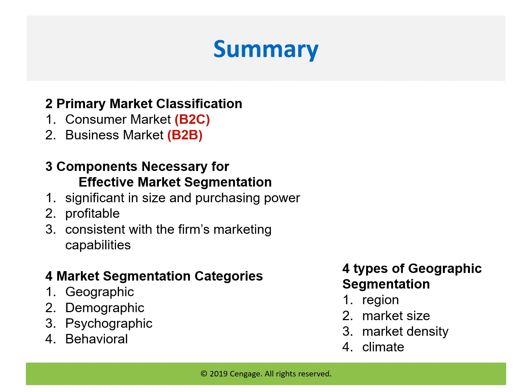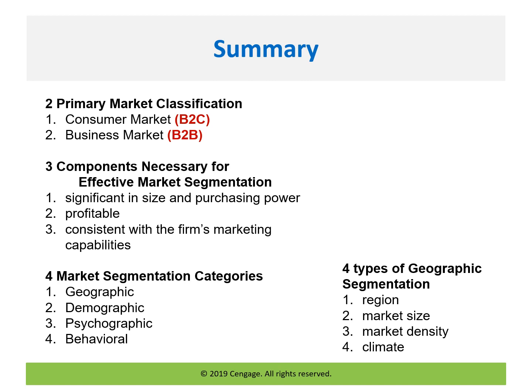Summary: we have talked about the two primary market classifications, namely consumer market or the B2C, business market or the B2B market. We also talked about the three components necessary for effective market segmentation, namely significance in size and purchasing power, profitable and consistent with the firm's marketing capabilities.